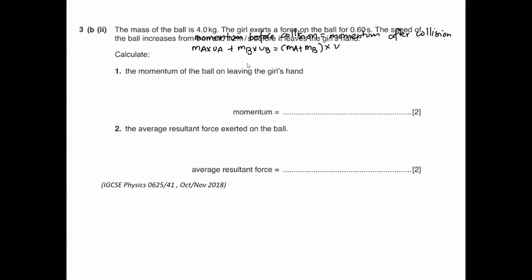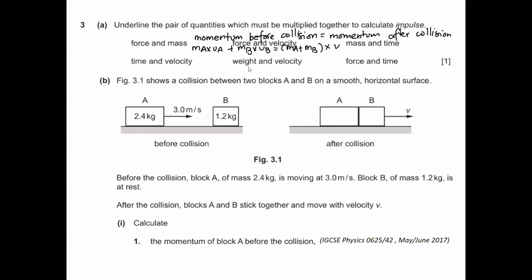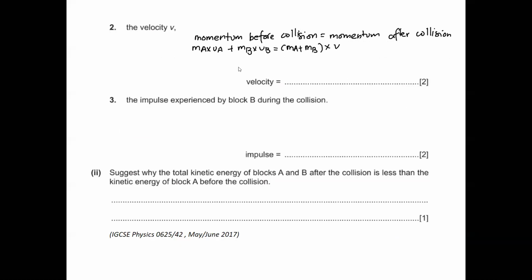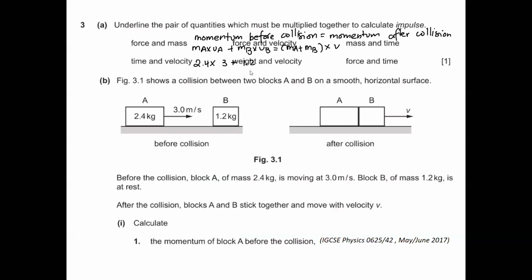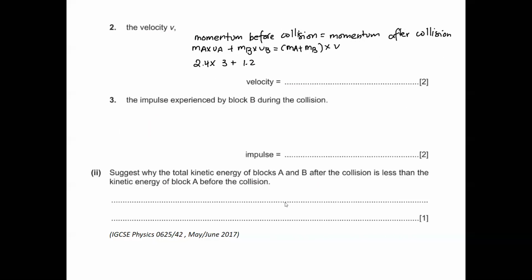The mass A is 2.4, and the velocity is 3, and then the mass B is 1.2, and the velocity of B is at rest, which means the velocity is 0.